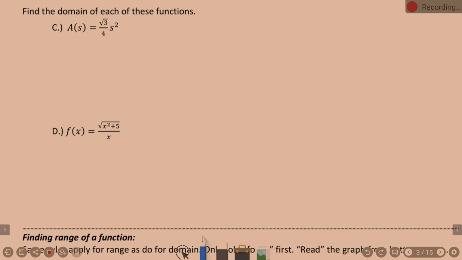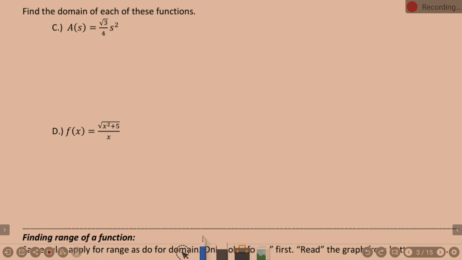Now, before we go too far, one thing I do want to point out, and this will mean a lot in the end. Normally our functions say f of x, yes? This one says a of s. For right now, it just changes our variable, doesn't it?